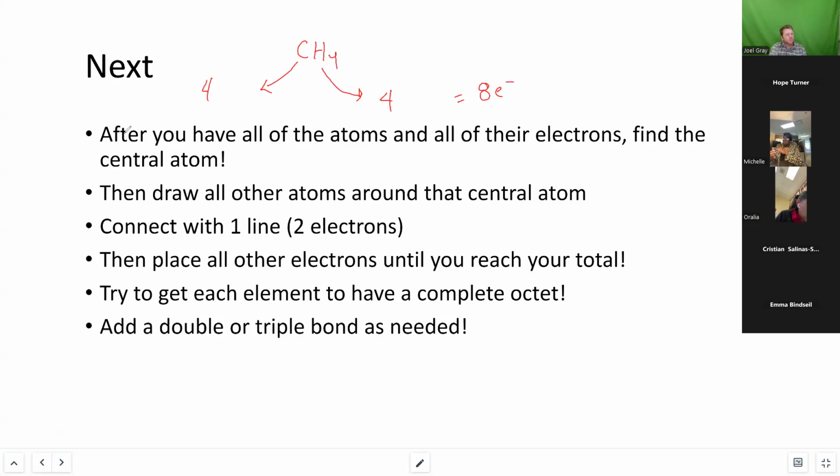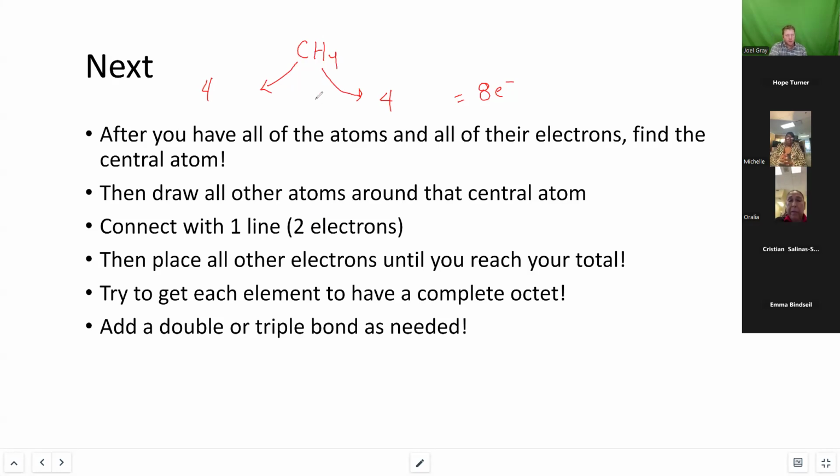So after you have all of the atoms and all of their electrons, find the central atom. There's a pattern that you follow, and that pattern is the farthest to the left on the periodic table, except hydrogen. Okay, so we've got two atoms, carbon and hydrogen.